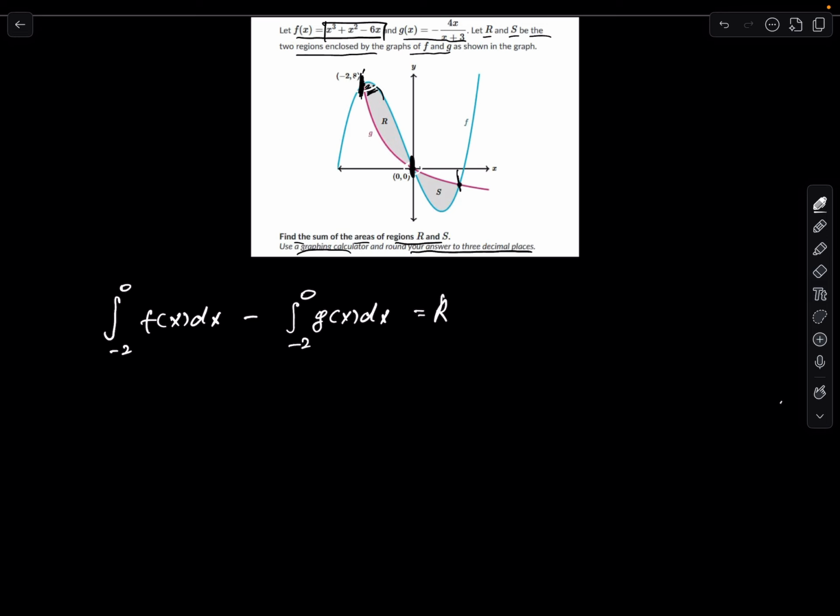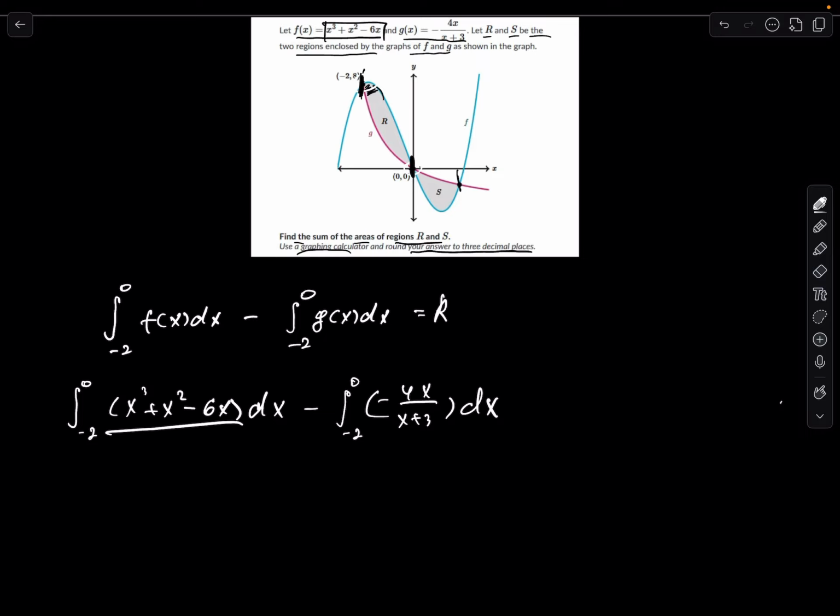So if we plug in the values for f of x and g of x, we get the integral from -2 to 0 of x cubed plus x squared minus 6x, don't forget your dx, minus the integral from -2 to 0 of -4x divided by x plus 3 dx.